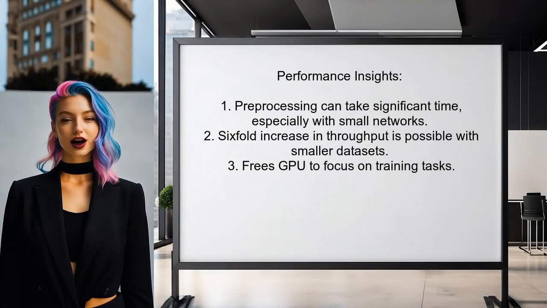Regarding the performance increase, the user mentions that while pre-processing may seem less intensive than training, it can still take a significant amount of time, especially with smaller networks like those used for MNIST. They suggest that the reported 6-fold increase in throughput is likely due to the relatively larger impact of pre-processing in these cases.